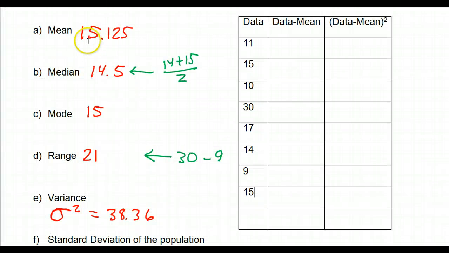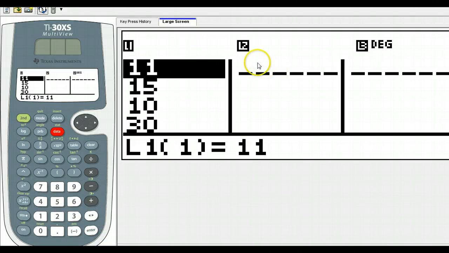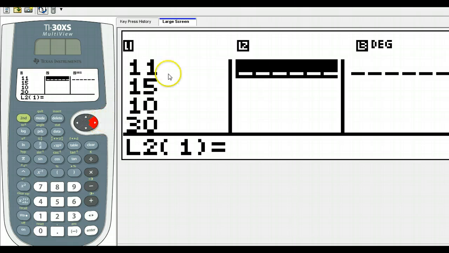Please remember that the mean was 15.125. So I would like column L2, list 2, to be list 1 minus 15.125. So here's how you make that happen. So this is L1, this is L2.